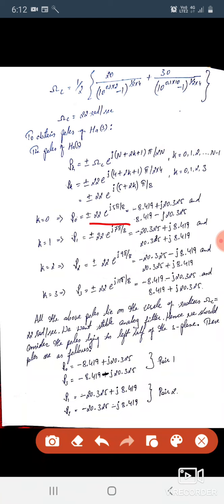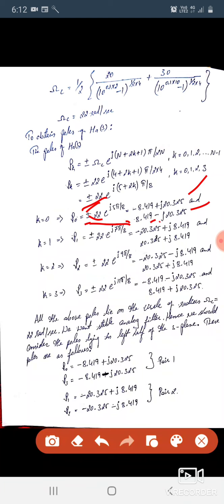If you solve, you will be getting two results because of the plus and also the minus sign. 22 e power j theta means cos theta plus j sin theta. Use that formula, then multiply with 22. Keep your calculator in radians. Then you will be getting minus 8.419 plus j 20.325. For the plus sign you will be getting the negated value, the sign changes here.